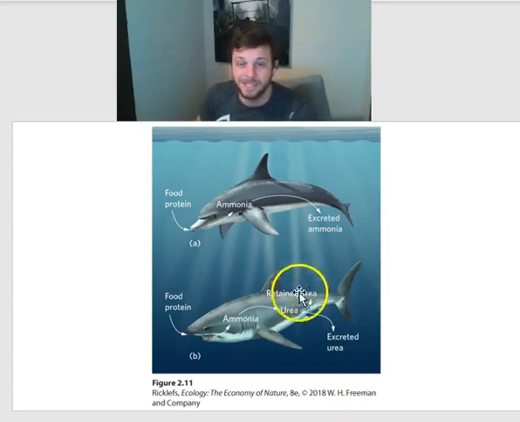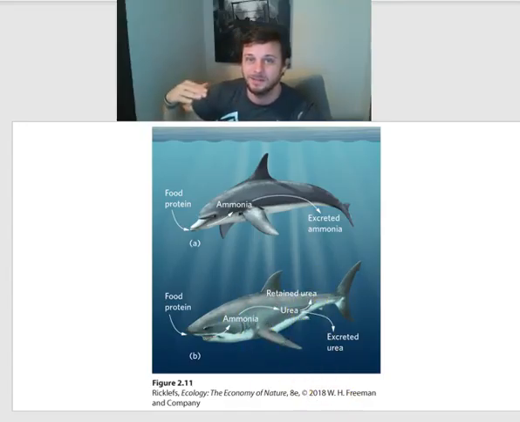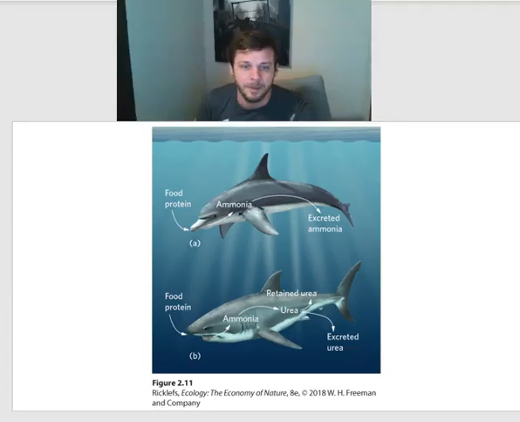The sharks will actually retain some of that urea, and so that increased urea actually increases the osmotic pressure in their bodies, and so they lose less water because they have increased solutes in their body.